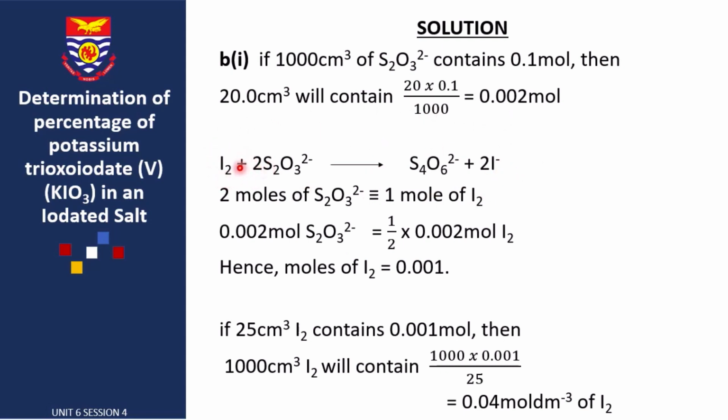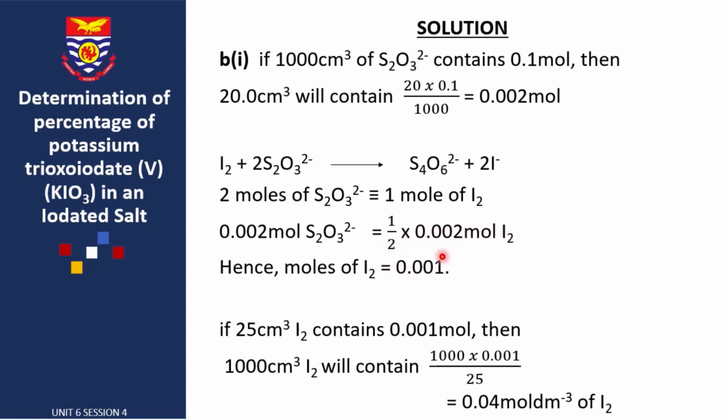Okay, so we now need this equation to find the corresponding moles of the iodine. From this equation, 2 moles of the thiosulfate ion reacted with 1 mole of the iodine, and so if 2 is equal to 1, then 0.002 is equal to 1 over 2 times 0.002 moles of the iodine, and that gives us this number of moles.